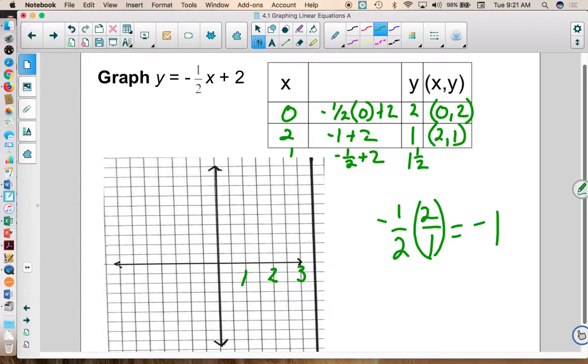So in this one, if I've got 0, 2, and 2, 1.